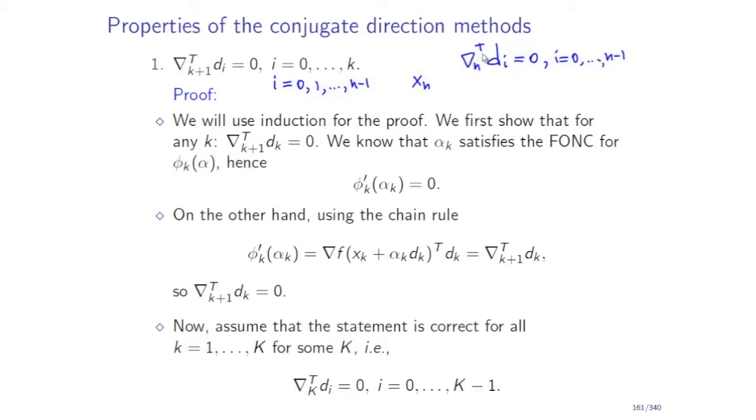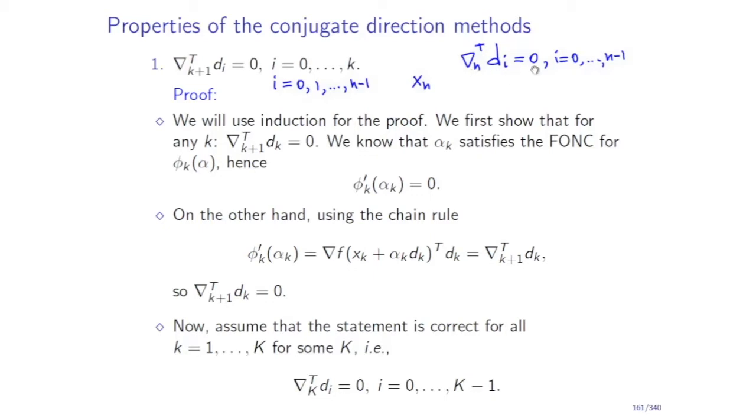This vector nabla n transposed looks like it is orthogonal to every direction from this basis. If it was orthogonal to every direction from this basis, it would mean that we can add it to the basis, right? And we would have a basis with n plus 1 vectors, which is impossible, right?